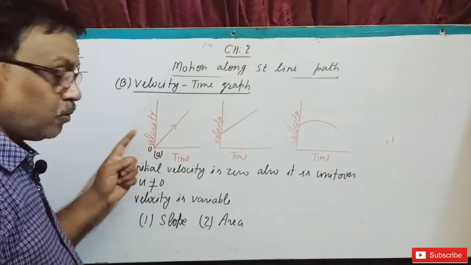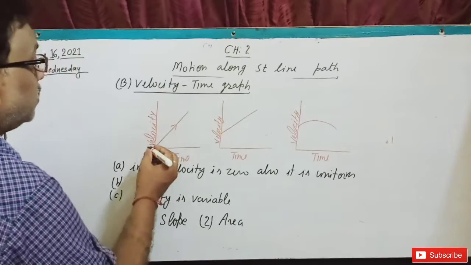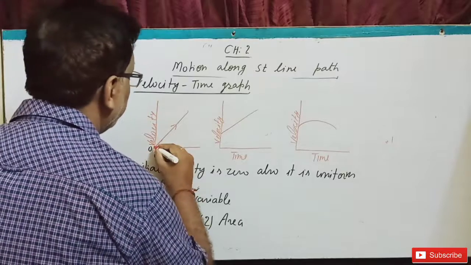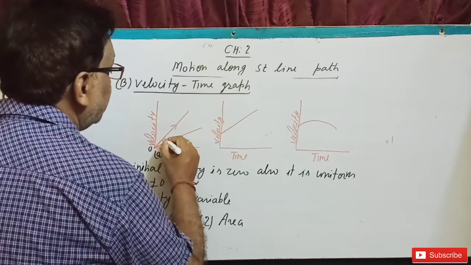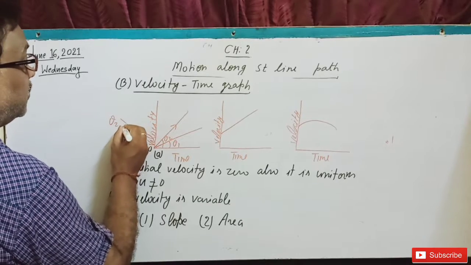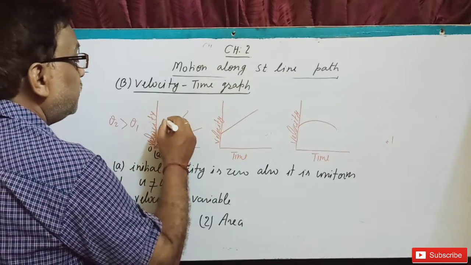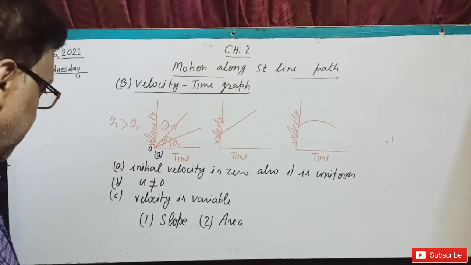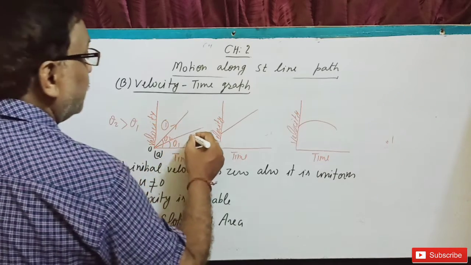If we make another line here, then its angle is θ1 and the other is θ2. And it is very obvious that θ2 is greater than θ1. So speed in the first path is greater than in the second. It is one important thing here. So we get the slope, and slope is always measured by this.